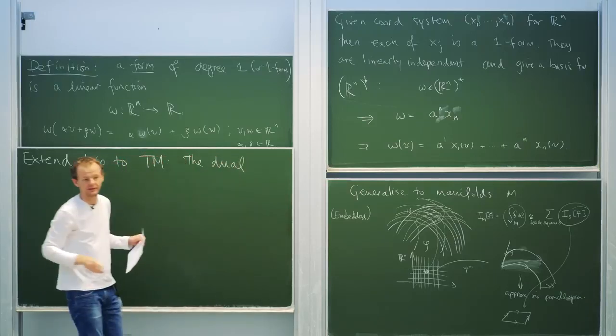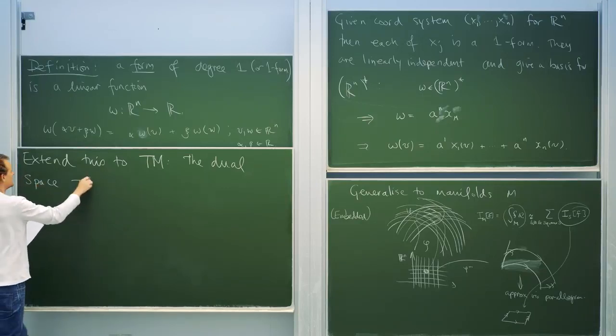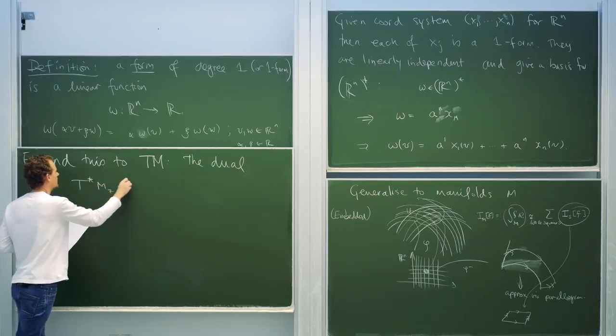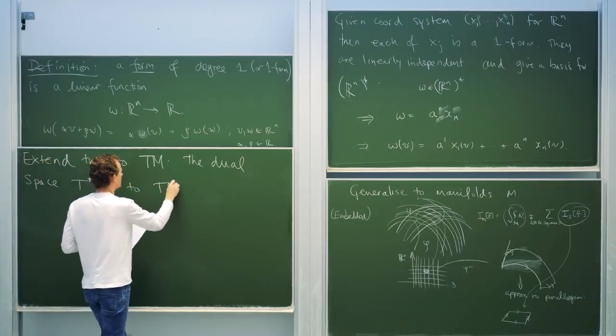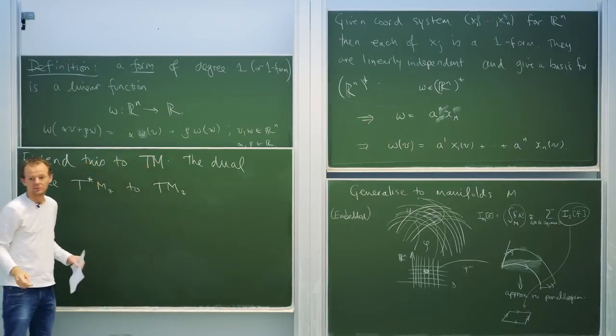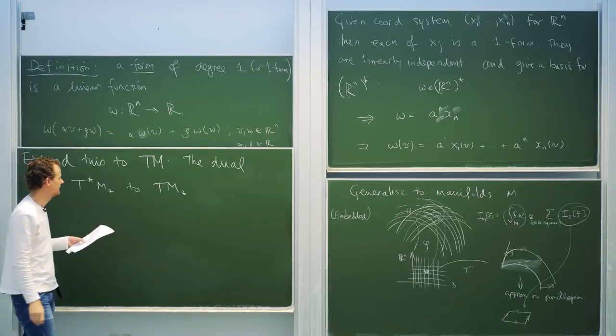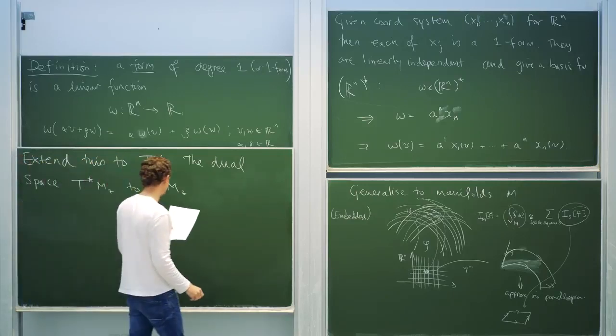So at the moment, this is just at the level of words and definitions. The dual space to the vector space TMZ. Remember the set of tangent vectors at a point Z in a manifold is a vector space, so there's a dual space.